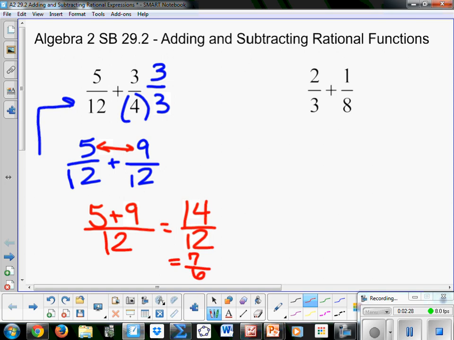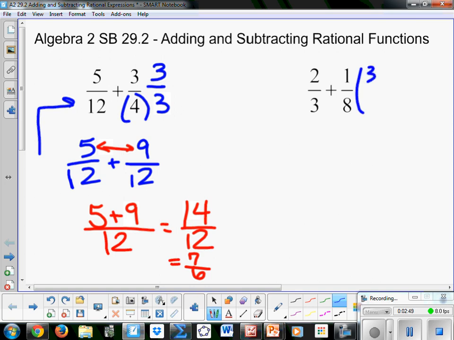Okay, so let's do that once more with just another fraction to get some practice. All right, so 2/3 plus 1/8. Well, we can't multiply 3 by anything to get 8, and 8 we can't multiply by anything to get 3. And so the lowest thing that we can multiply is 3 times 8 gives us 24.